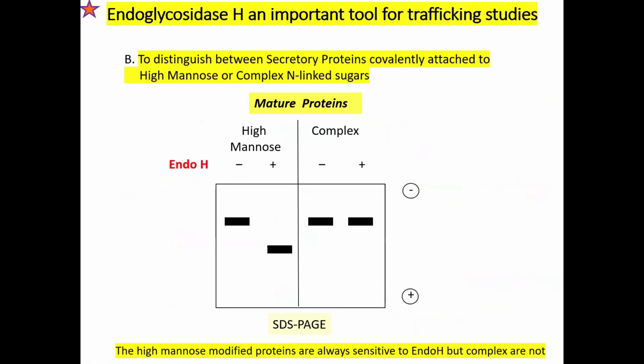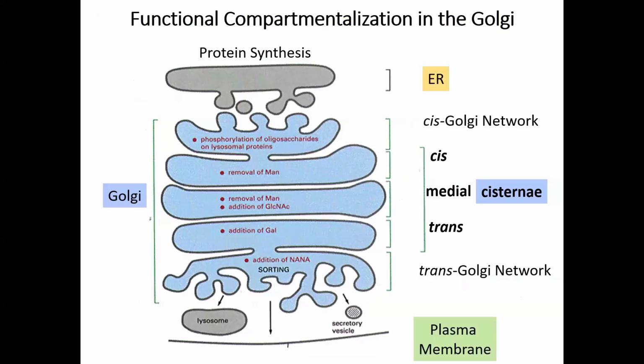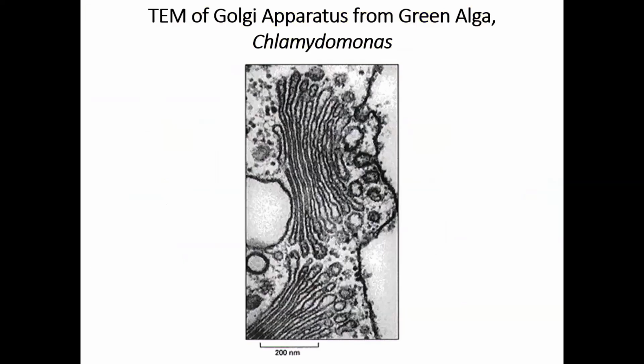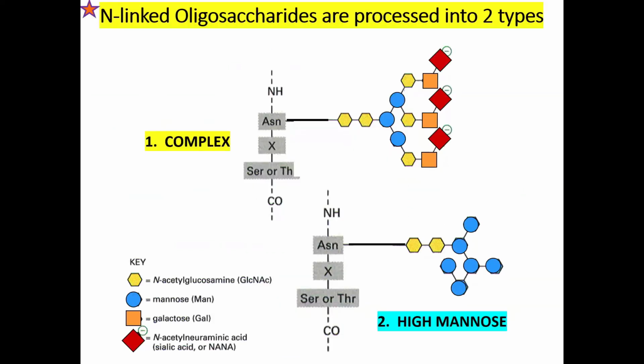So let's take a look at what is happening right here, because this part needs some good explanation. So here, what we are looking at in this part is that this is an N-linked oligosaccharide processed into two types. One is called a complex, and one is called a high mannose. Both of them are associated with asparagine N. So here, if you have a complex, see that what is the structure?